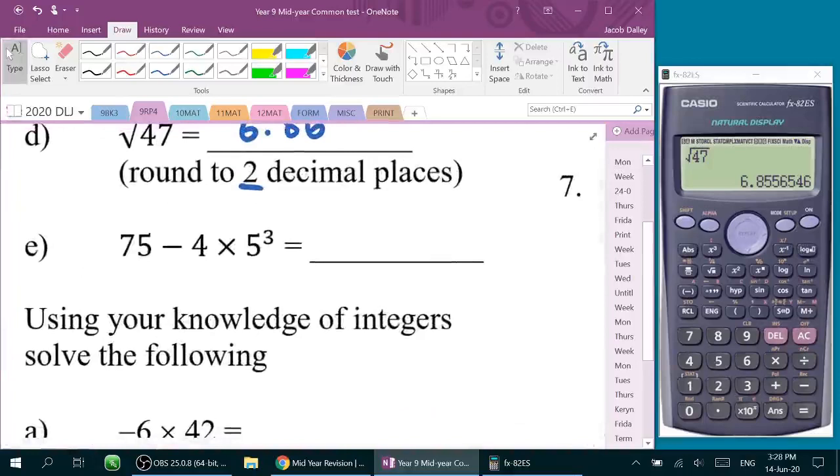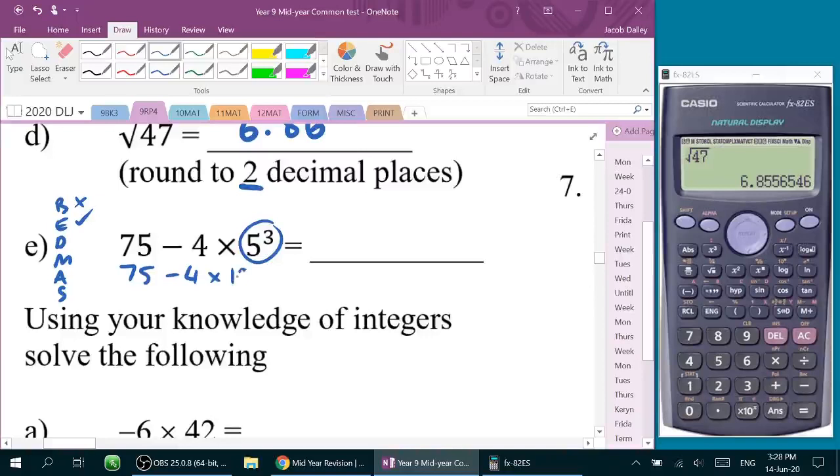This next one, if we're thinking BEDMAS, then, well, we've got no brackets, nothing going on there. Exponents, we do have 5 to the power of 3, so that will actually get calculated first. So the first step is to go 75 minus 4 times 5 to the power of 3, which will be 5 times 5 times 5, so 125.